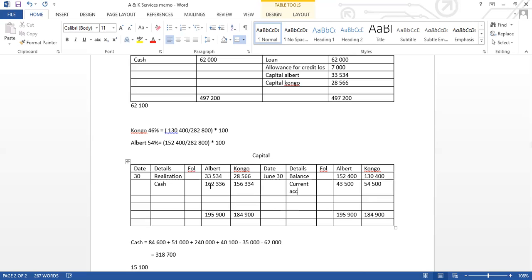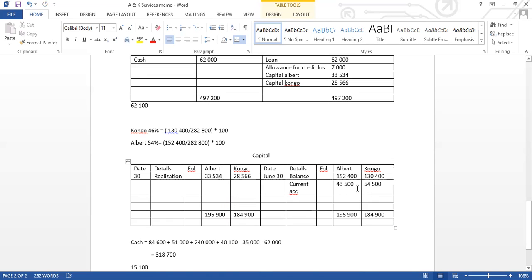Yes. Okay. So let's close off our capital account. You add the debit and the credit side. Ignore the cash. So let me quickly erase this so you understand more clearly.